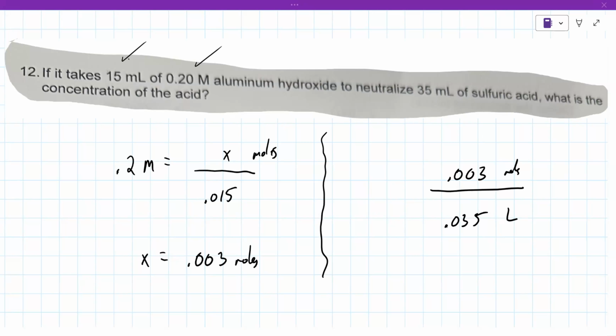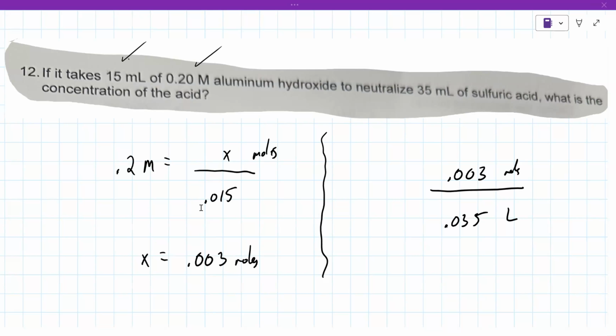Let me check here because we've been doing so well with these, and now all of a sudden it's off, which I don't understand. Okay, 0.2 molar, 15 milliliters, that's 0.015. 35 milliliters of a sulfuric acid was the concentration of the acid.